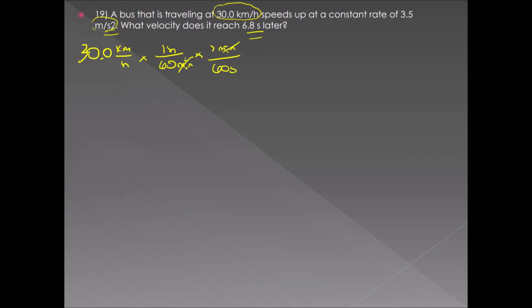Minutes, minutes, hours, hours. My kilometers have got to go. So times 1 kilometer is 1,000, or 10 to the 3rd, meters. Crunch those numbers, you should get 30,000 meters per hour, and what does that put us at?